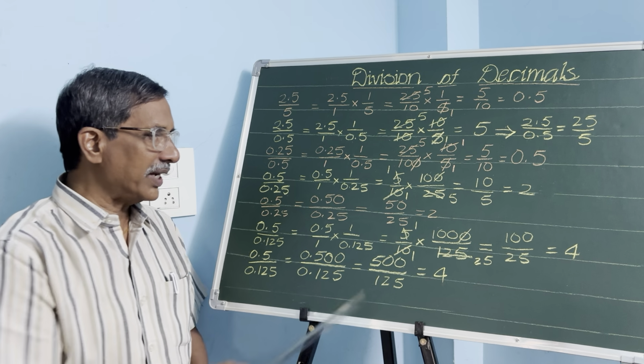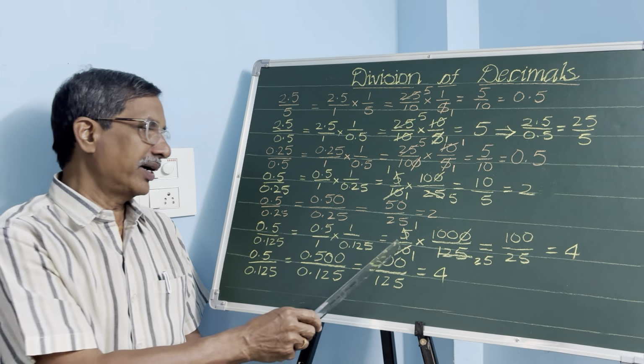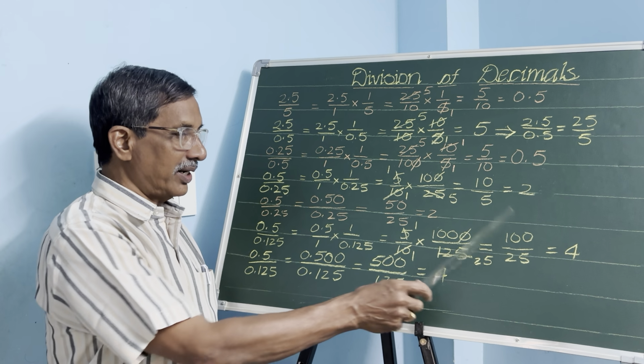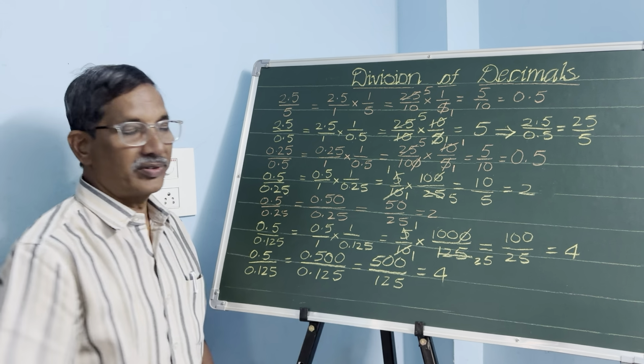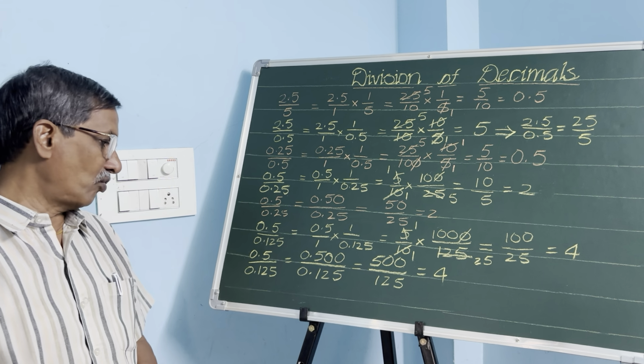After simplification, 5 divides 125 twenty-five times, and 10 divides 1000 one hundred times. So 1 into 100 by 1 into 25. We know that 100 by 25 is equal to 4.